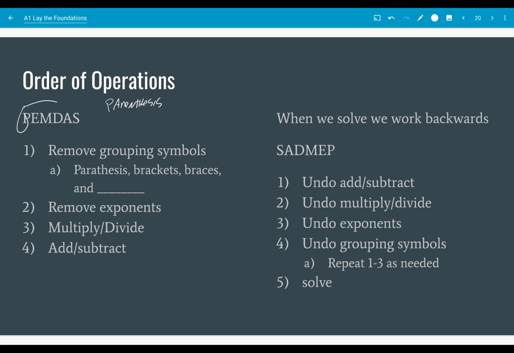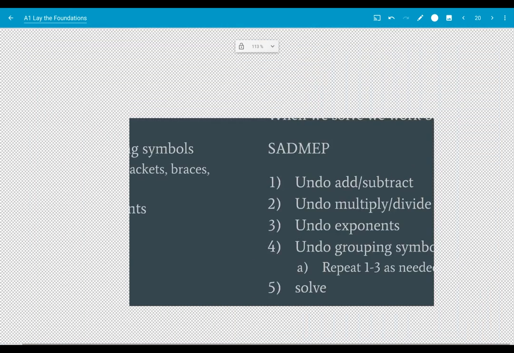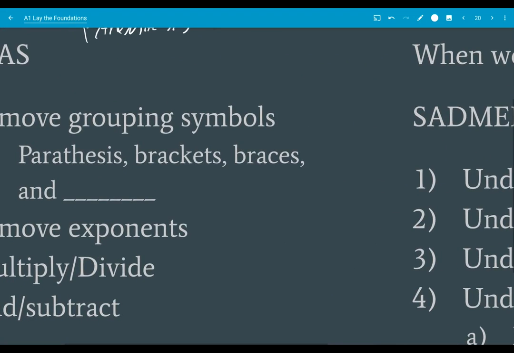But now that we're in Algebra 1, we're going to expand, and it's not just parentheses, it's all grouping symbols, okay? So all grouping symbols include parentheses, brackets, curly braces, and there's one more.